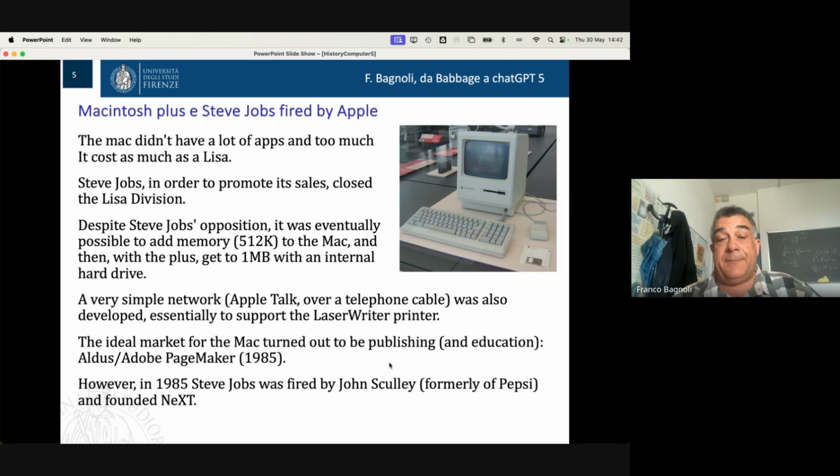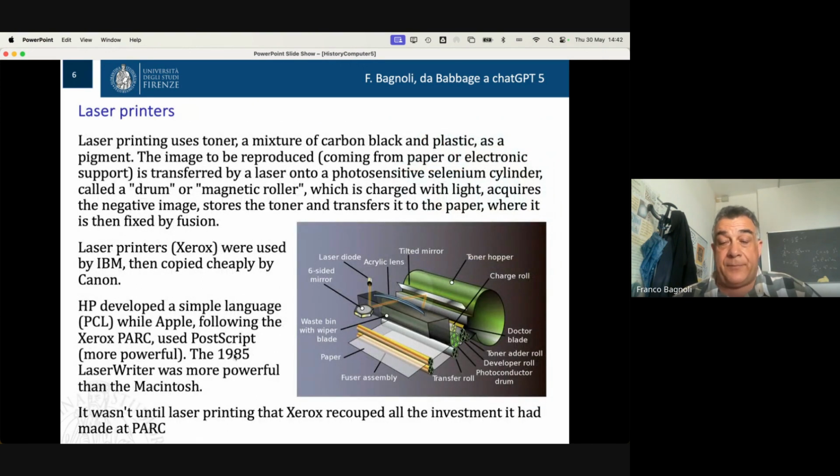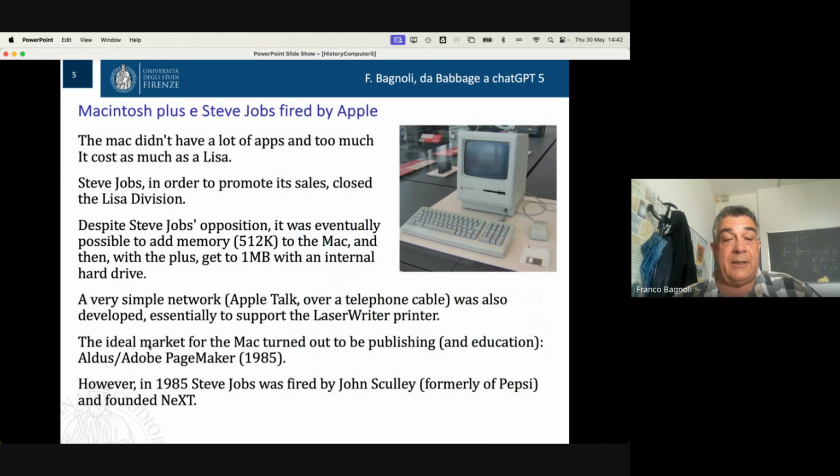And clearly there were also LaserWriter printers, which I'll cover in a minute, which were very advanced devices, and a lot of killer applications, in particular PageMaker and also software by Microsoft like Word, which was extremely more advanced than the DOS counterparts.